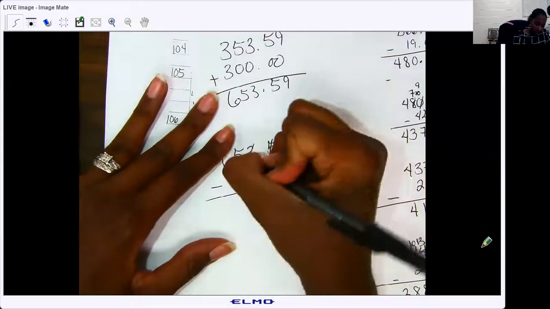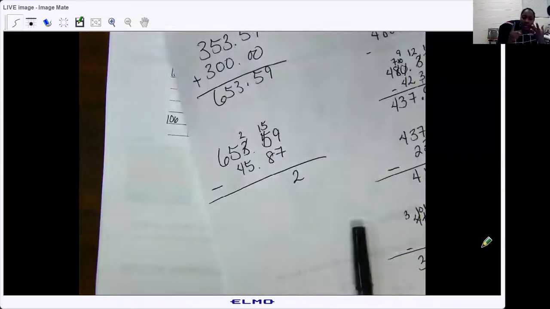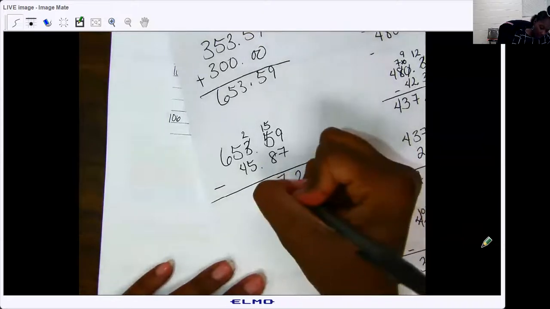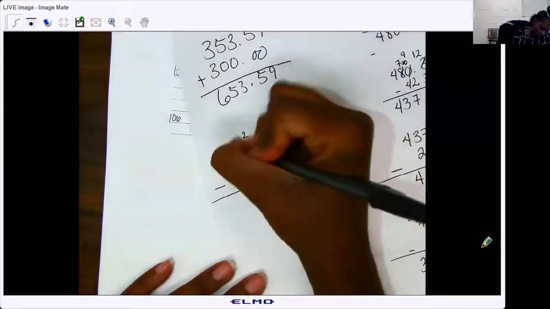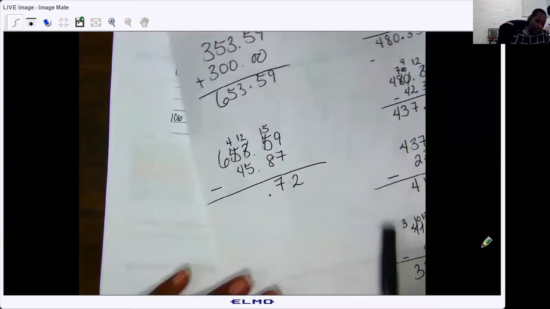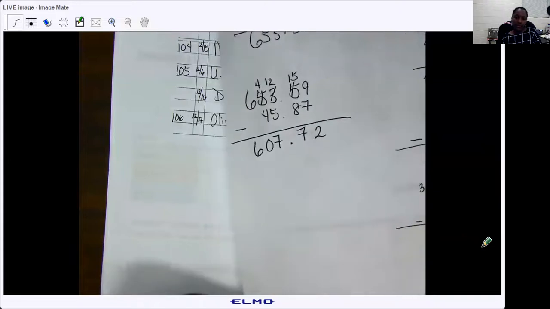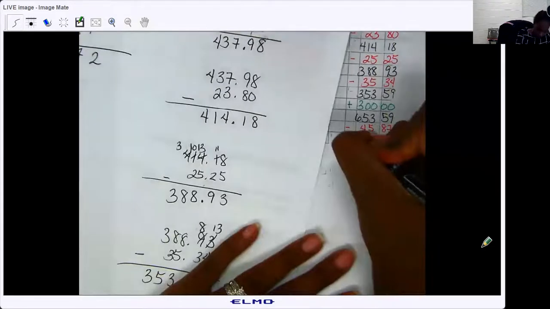Oh, gotta borrow. Okay, 8, 9, 10, 11, 12, 13, 14, 15. That's 7. Bring down our decimal. Borrow again. 5, 6, 7, 8, 9, 10, 11, 12. It's 7. 4 from 4 is 0. And then bring down our 6. So now our new balance is $607.72.